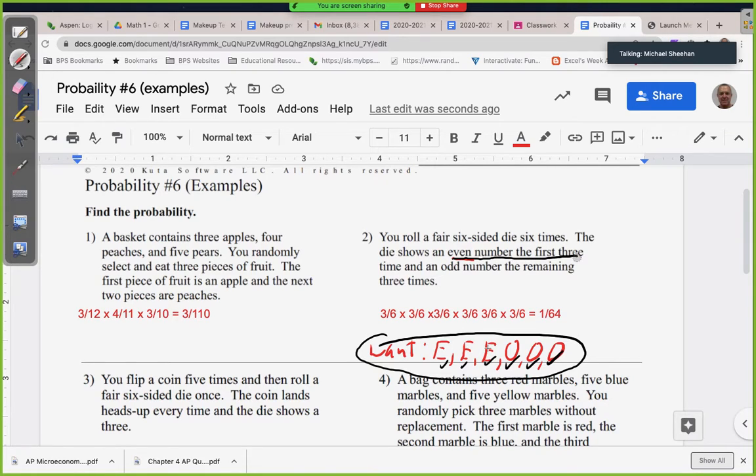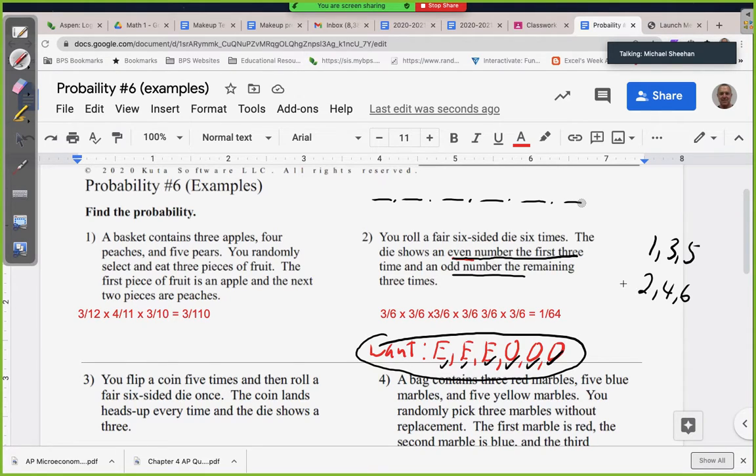So I want even, even, even, and I want odd the remaining 3 times. Odd, odd, odd. You okay with that? Yeah. Okay. So if you think about what's on a dice or a die, you've got 3 odds and 3 evens out of 6 possible things you can get. So I'm setting up 6 different fractions to represent each time I'm rolling the dice.